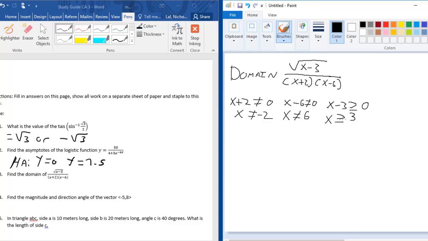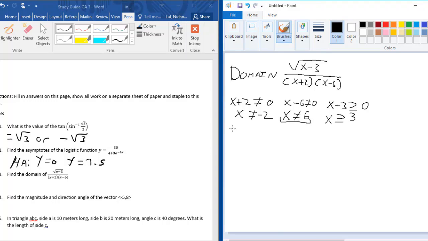So all values 3 or higher, so that automatically excludes anything around negative 2. So any value greater than 3 is going to be in the domain, except for this restriction right here, x cannot equal 6. So we also have to exclude x equal to 6.